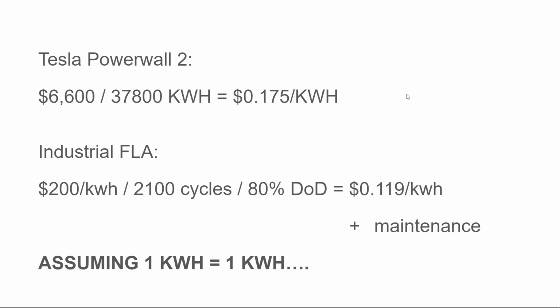We look at the Tesla Powerwall 2 costing $6,600 in hardware, with its warranty coming out to be 17.5 cents a kilowatt hour. Then we look at the industrial flooded lead acid costing $200 a kilowatt hour at 2,100 cycles at an 80% depth of discharge, and we get to 12 cents a kilowatt hour, which is actually less now because the cycle rating has improved.